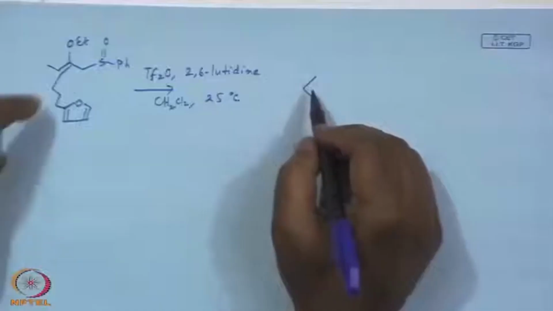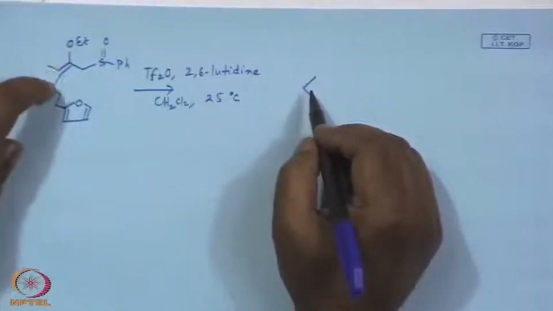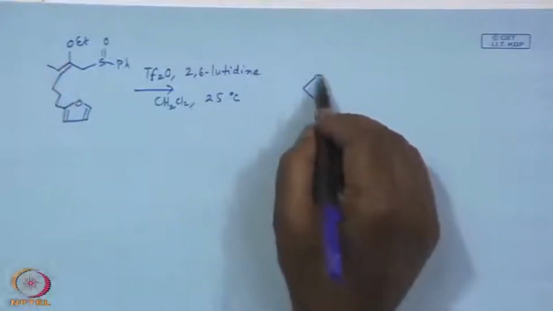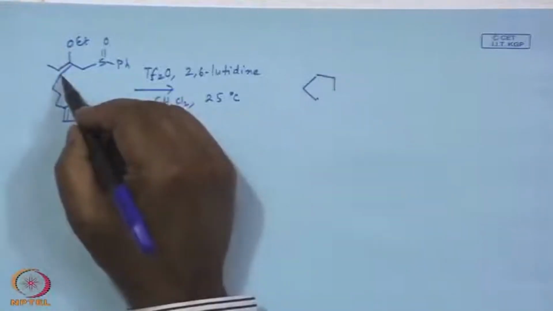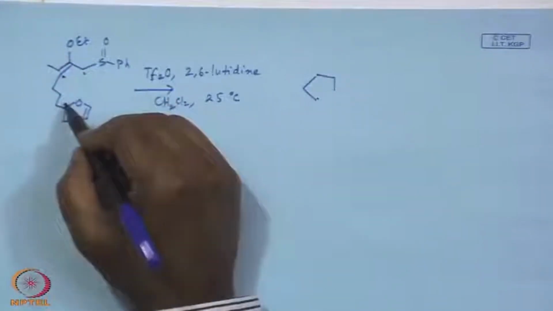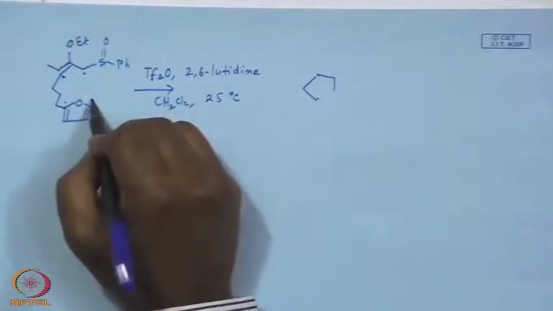And so, what do you expect? In this case, again a very similar reaction, intramolecular. You have 1, 2, 3, 4, 5. So, it is a 5 membered ring, because this end would react, this end would react, right.